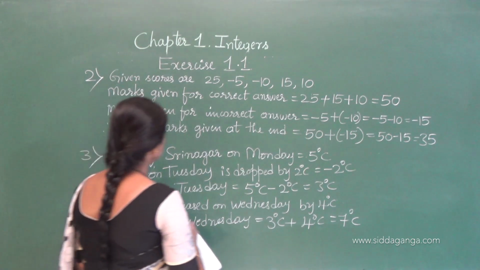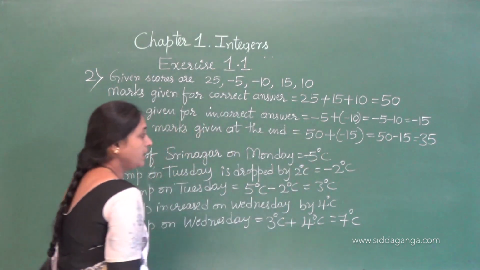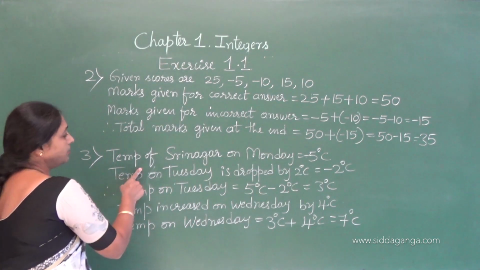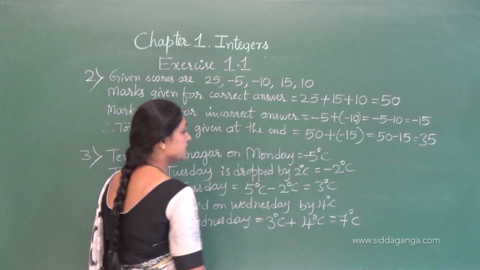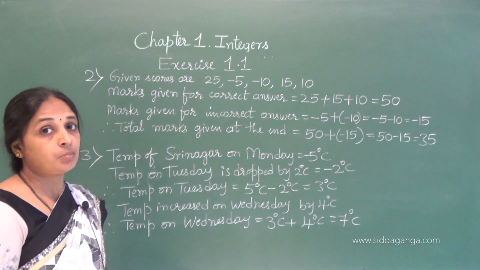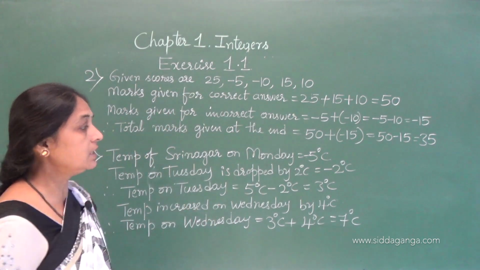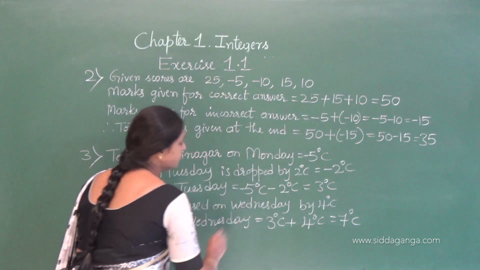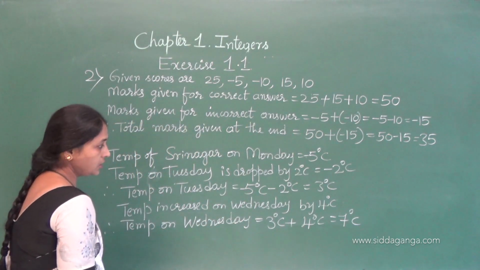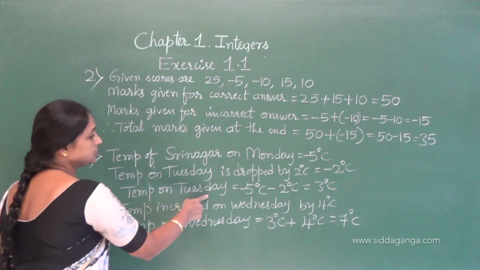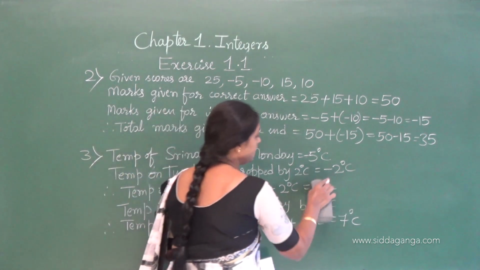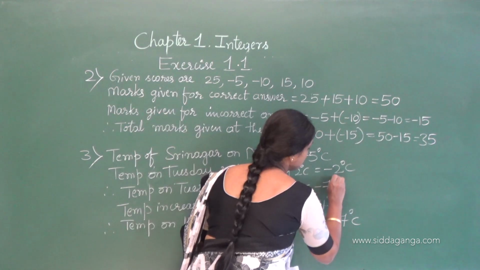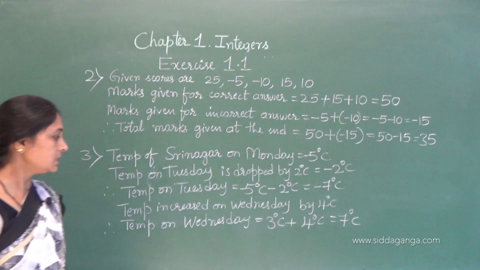Okay, here, it is minus 5 degrees Celsius, sorry, I am going to correct it. Temperature of Srinagar on Monday, I have taken a positive integer, sorry for that, it's minus 5 degrees Celsius. Temperature on Tuesday was minus 7 degrees Celsius. Sorry for this, it is minus 7 degrees Celsius.